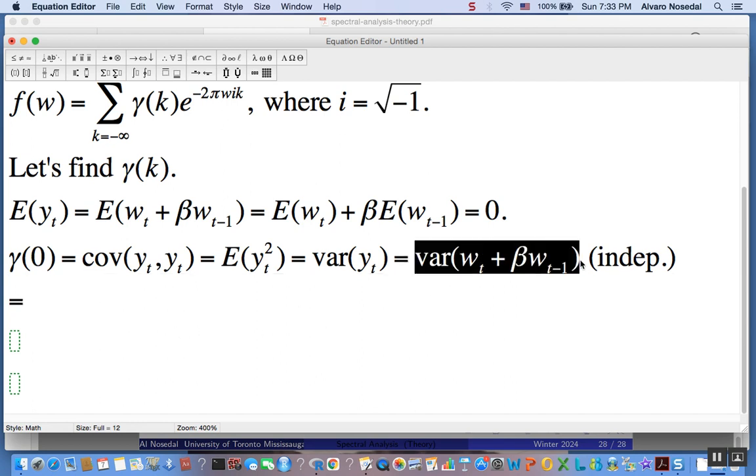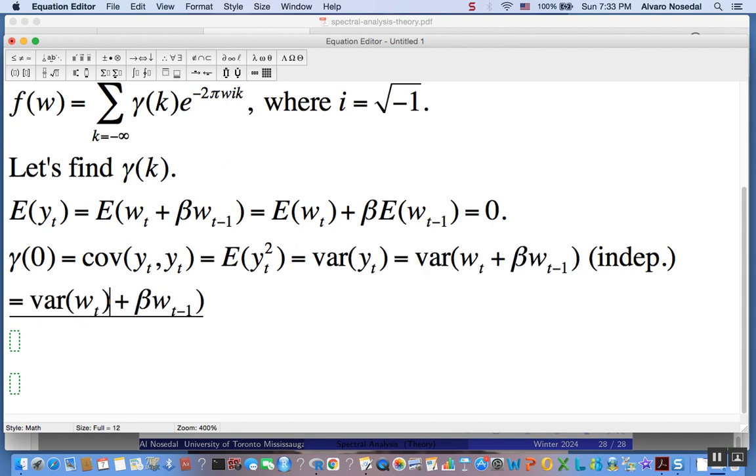So since we're pulling out that constant, remember that we have to square it. So let's square it, variance here. And then by assumption, the variance of the w's is sigma squared.